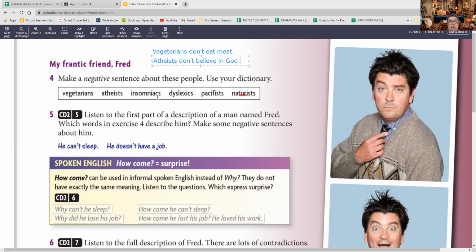Next one, insomniacs. I'm just marking here the stressed syllable, okay? Insomniacs don't sleep. Can't sleep easily.